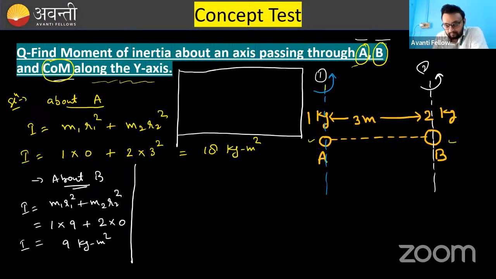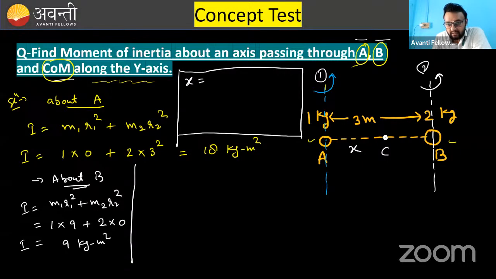So let's suppose the center of mass is at a point C. Its distance from A, let's suppose, is x. So x is given as, we have studied now, center of mass. How it will be calculated: I think you remember (m1 x1 plus m2 x2) divided by (m1 plus m2). Or what we have calculated for a two mass system is m2 d.